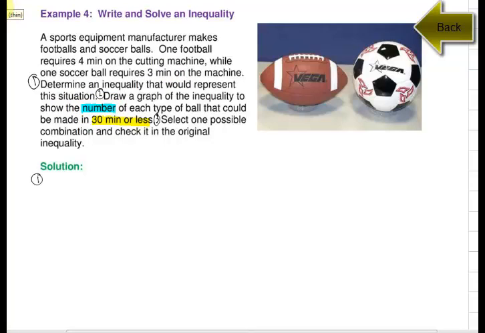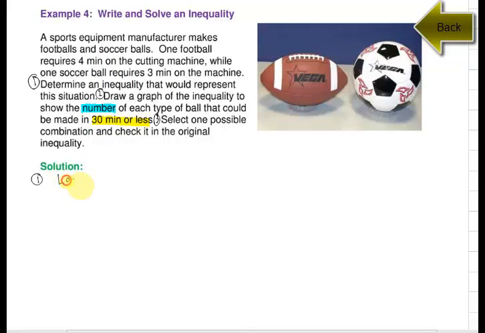So how are we going to figure out how many footballs we could cut and how many soccer balls we could cut in 30 minutes or less? So our let statement is going to reflect the number of each type of ball, because we already know how long it takes to cut each, but we just don't know how many we have.